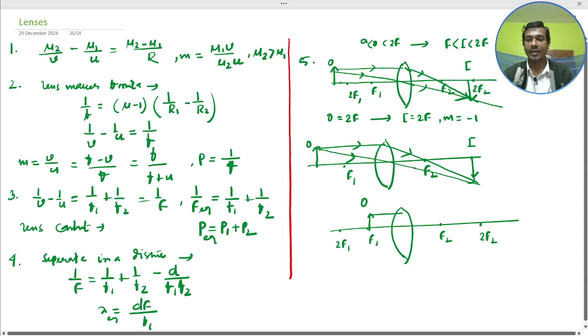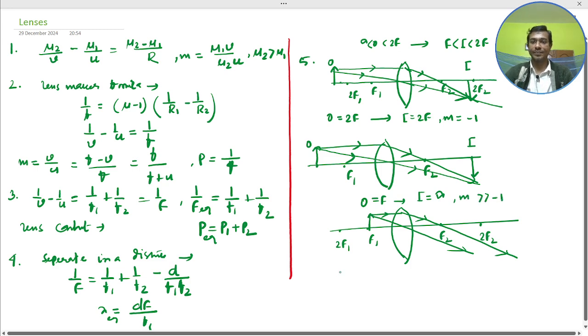Without a ray in the light you would get 0. This is a proverb. So just pass through this focus, and another one, this one. So here they meet at infinity. So here the object O is at focus and the image would be at infinity. Here the magnification would be greater than -1.